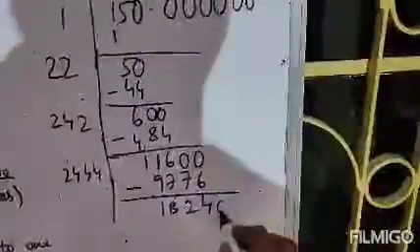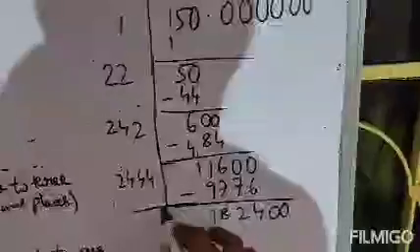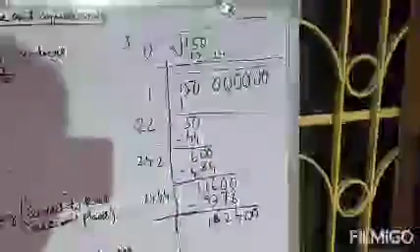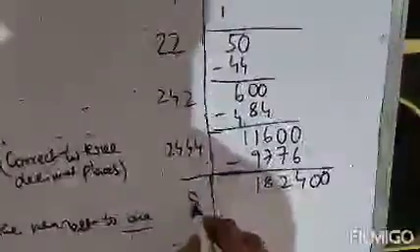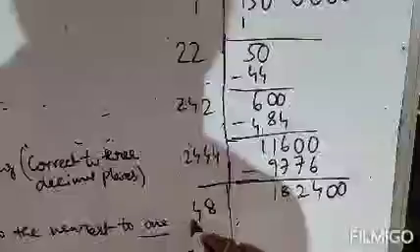We will take another two zeros, and these two zeros will be there. Clear? Now multiply it by 2. So 2 4's are 8, 2 2's are 4, 2 2's are 4, 2 1's are 2, 2 4 4 8.